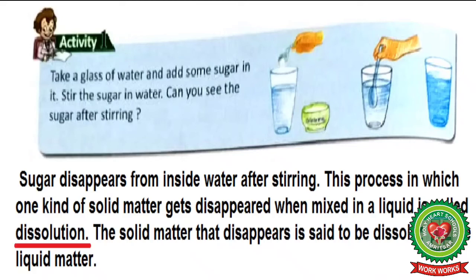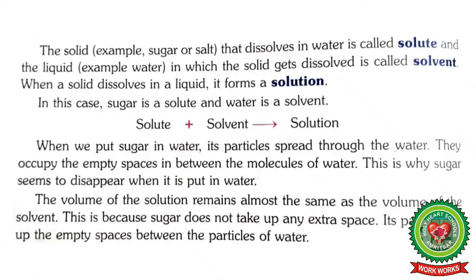And the solid matter that disappears is said to be dissolved in a liquid matter. The solid, for example, sugar or salt that dissolves in water is called solute, and the liquid, for example water, in which the solid gets dissolved is called solvent. And when the solid dissolves in a liquid, it forms a solution.